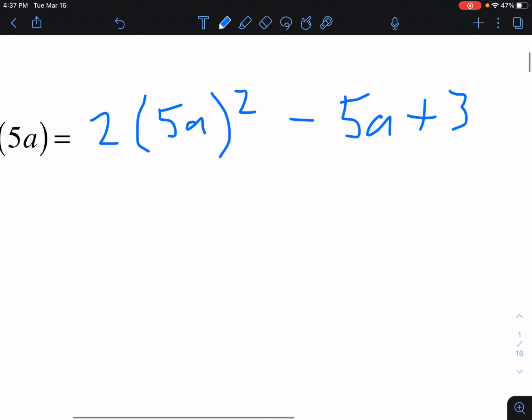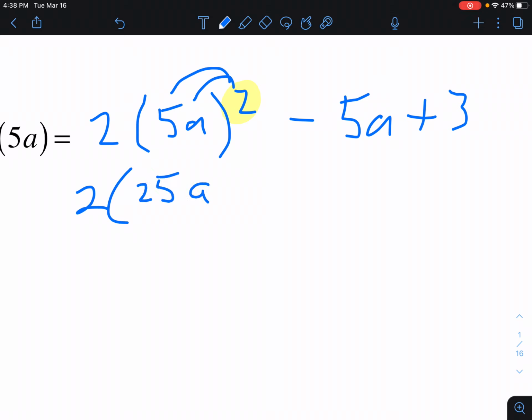Now, to evaluate this, of course, as usual, exponent, the squared, it's going to be 5 squared and a squared. So it'll be 2 times 5 squared is 25, and then a squared. Okay, we have to square both of them, 5 and a.